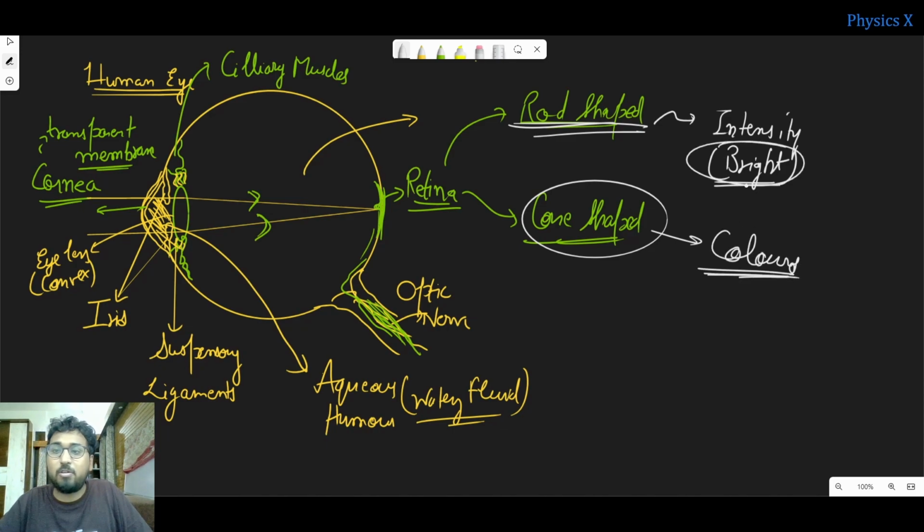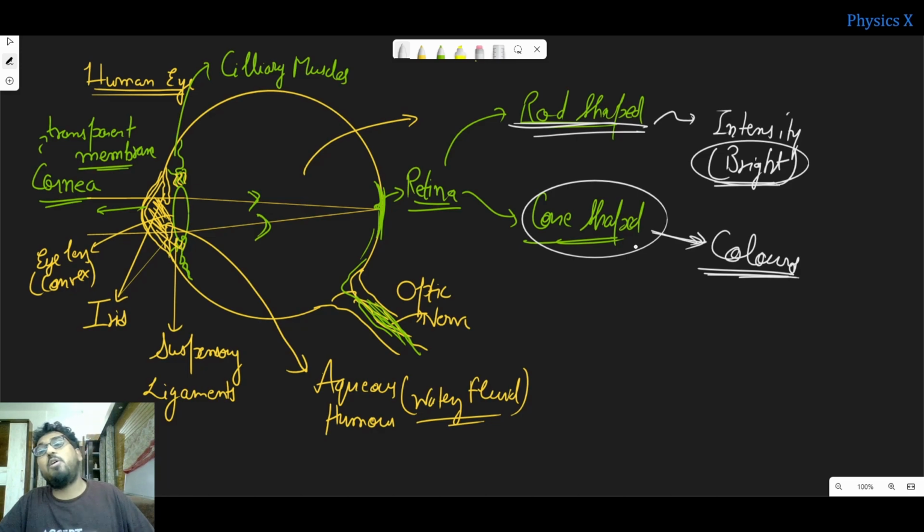When a proper amount of light enters, only then will the cone shaped cells be able to distinguish between colors. Suppose at night a vehicle is coming and you can't exactly tell its color, because in the dark everything appears in a black tone when there is not much brightness.